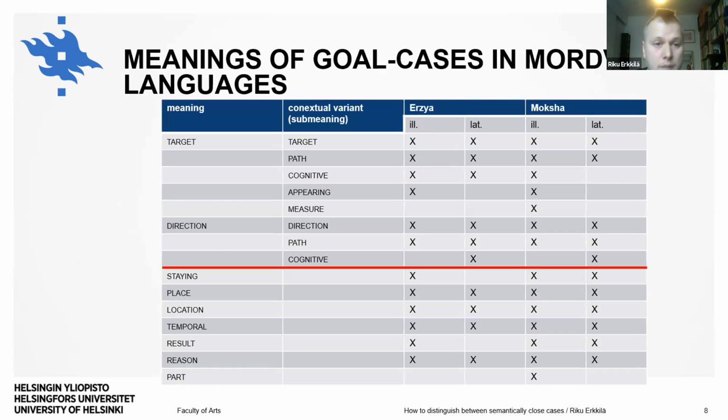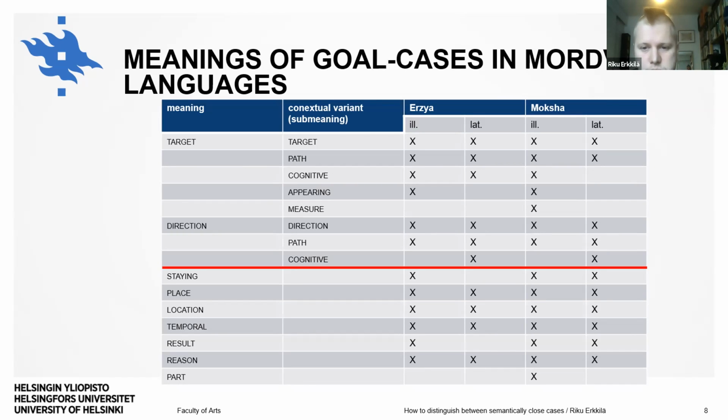And then the meanings. I have found these 9 meanings for the illative and lative in Mordvin languages, and target and direction also have contextual variants depending on what kind of target or direction they express.